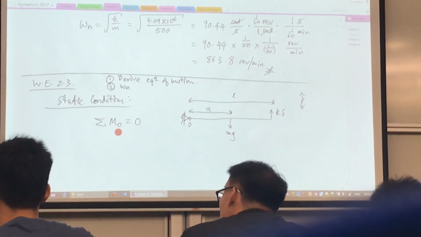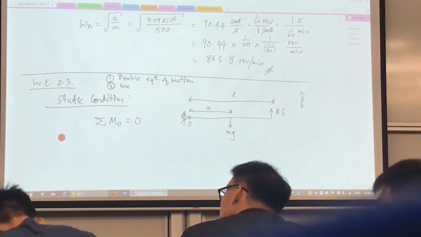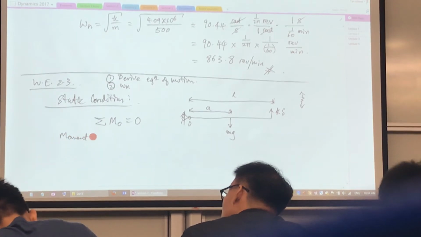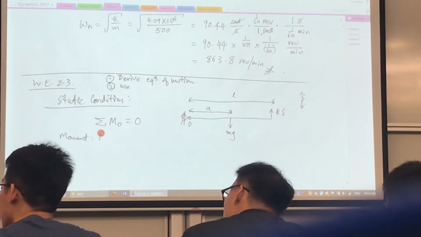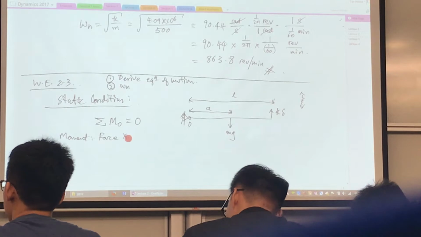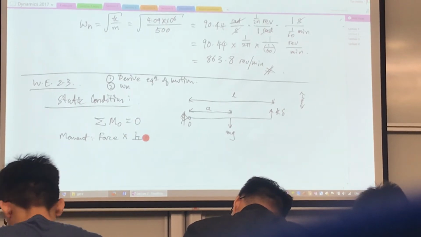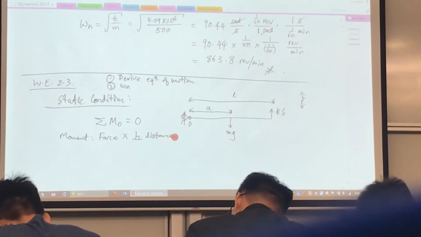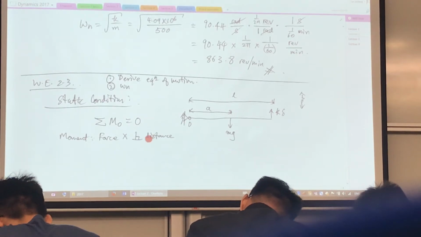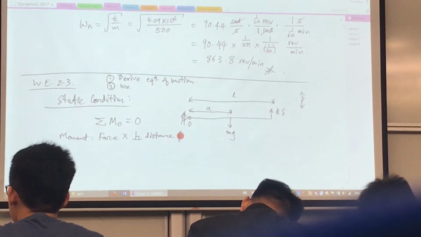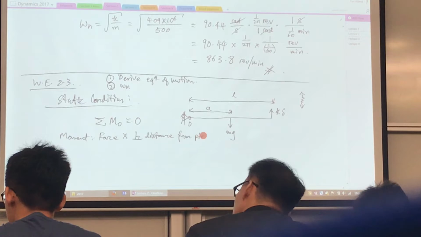If you forgot how to go about calculating moments, moments is actually force multiplied by perpendicular distance. And this perpendicular distance is from the pivot.